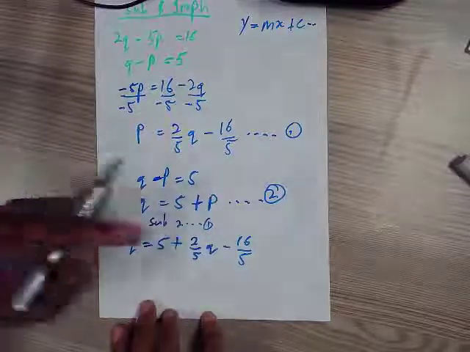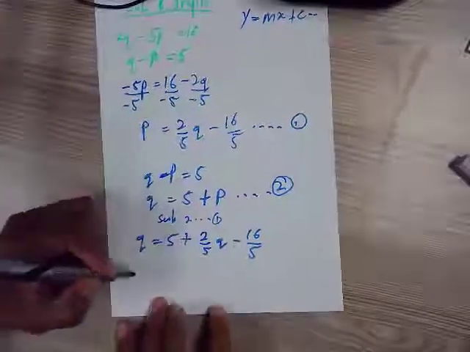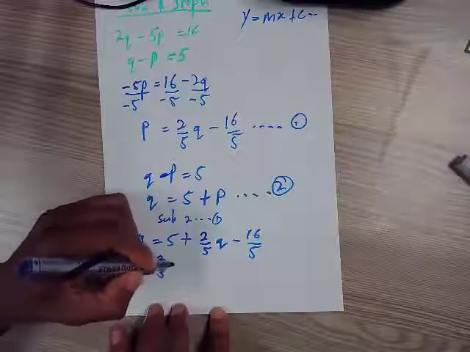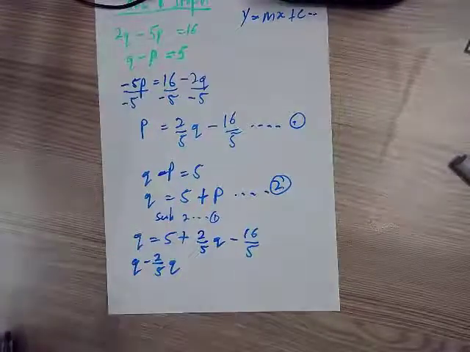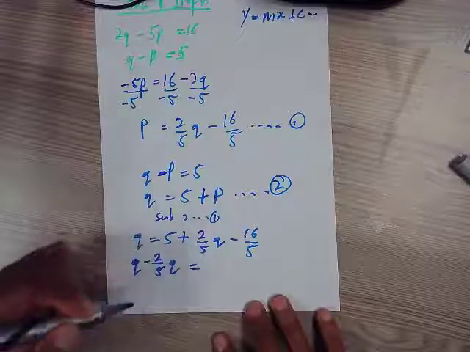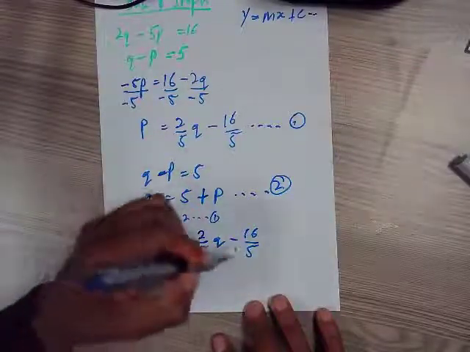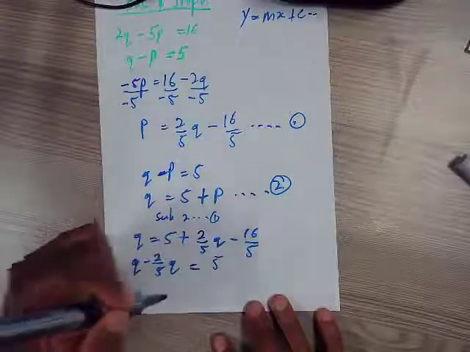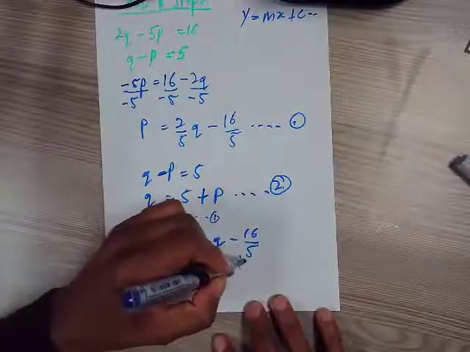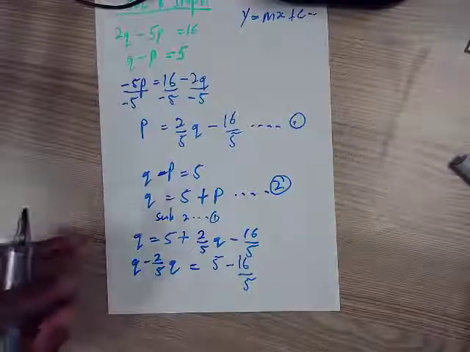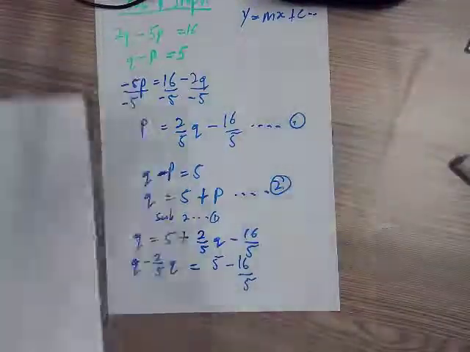Now you solve for the q variable, which is q minus 2 over 5 q, hope you could see that, equals, I just took this to the other side, and it's going to be 5 minus 16 over 5. So now we're going to take over from there.